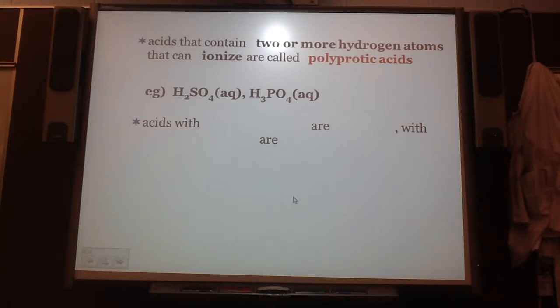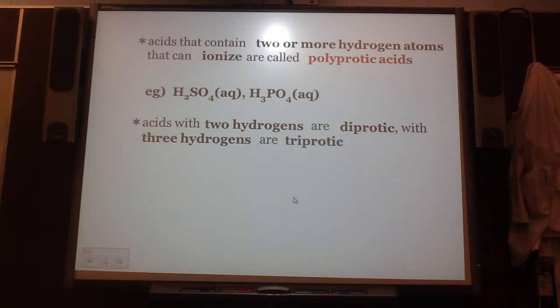Okay, so they came from ions that had more than one charge. Acids with 2 hydrogens are polyprotic, but we can say that they are diprotic specifically. It's like saying there are multiple apples and this one is just a particular kind. Acids with 2 hydrogens are diprotic, and with 3 hydrogens are triprotic.